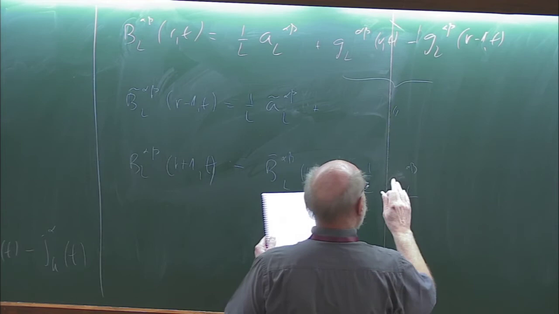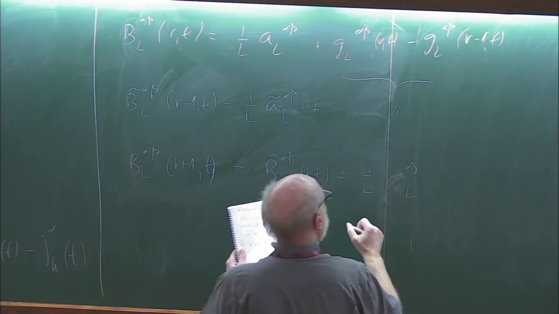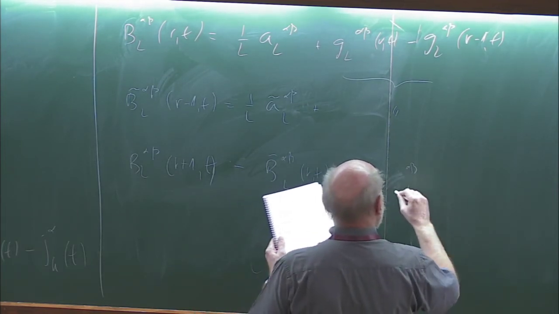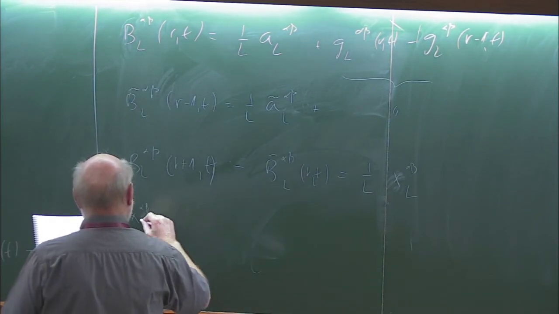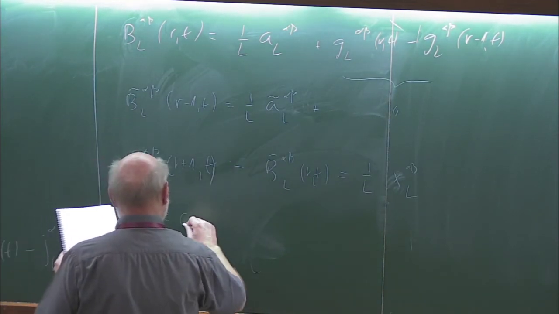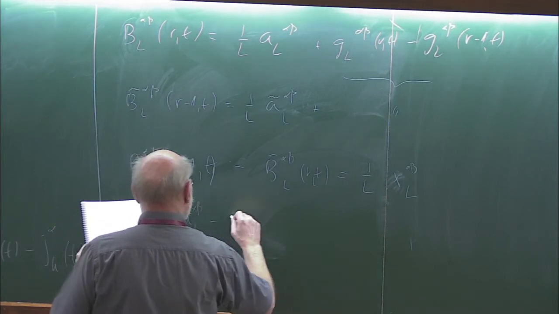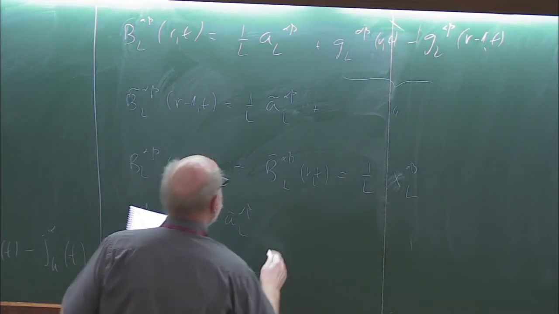Let me call it X^{αβ}, that I did not use yet, where X_L^{αβ} is just the difference of these two constants, A_L^{αβ} minus Ã_L^{αβ}.